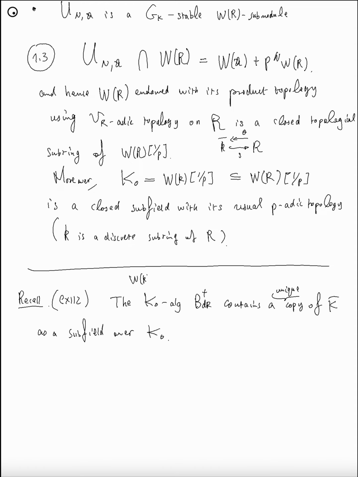So actually we have described what this K0 algebra structure over B_dR^+ is. For example, you can use this.